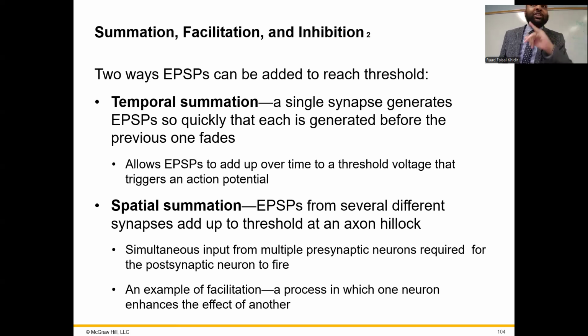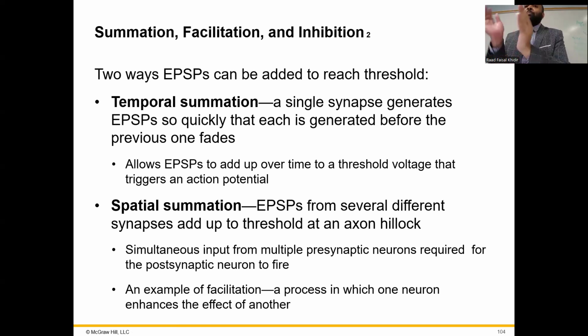But spatial summation is from several different synapses that add up to a threshold at the axon hillock. So here, you don't have one axon sending multiple adding up potentials. Here you have different ones. So now you have different people putting money in the bank.